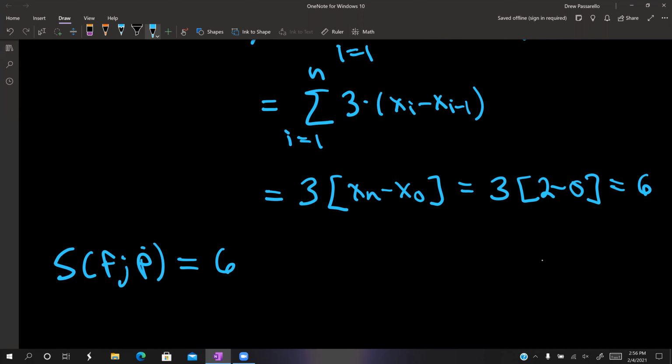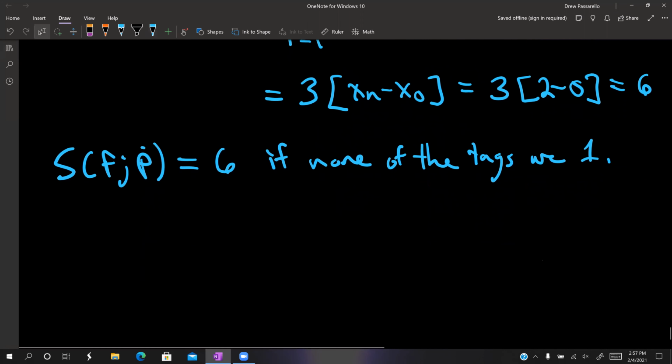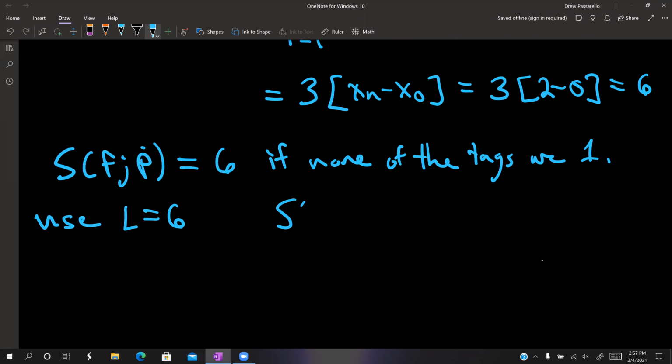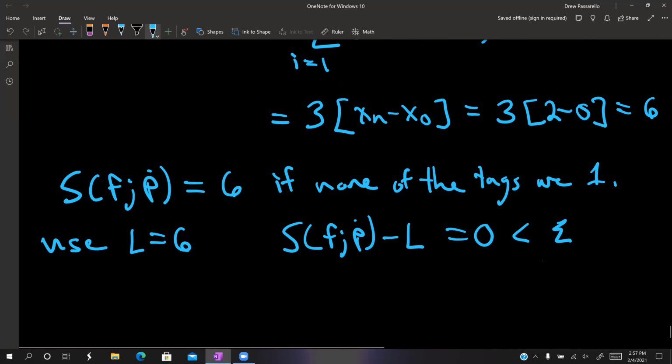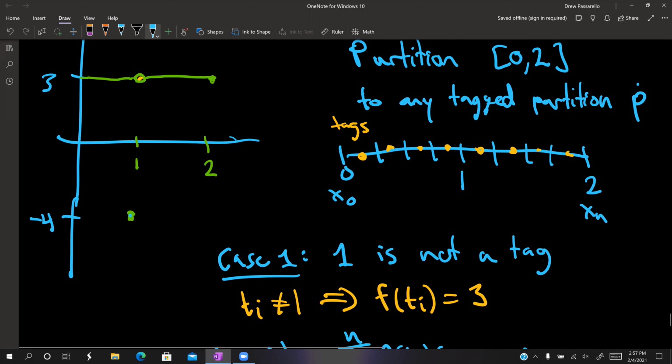It is equal to 6 if there's no tag that's chosen to be 1. So then I would just use L as 6, and then you'll have the absolute value of S of f, P minus L, which is 6 minus 6 equal to 0, so that's less than epsilon. All right, so we're fine when none of the tags are 1.